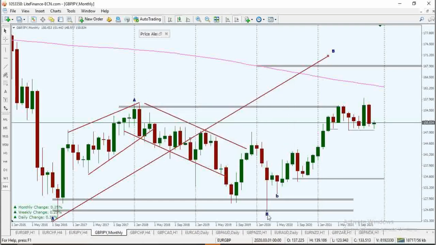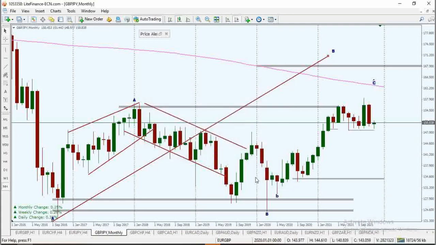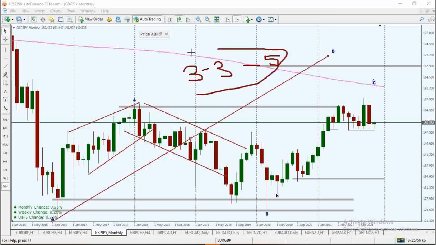What I'm looking for is a possible completion of the C leg. And you guys know, when we're looking at a structure such as this one, what we're looking for is a possibility of a 3-3-5, which would be a corrective pattern, or we have a 5-3-3.